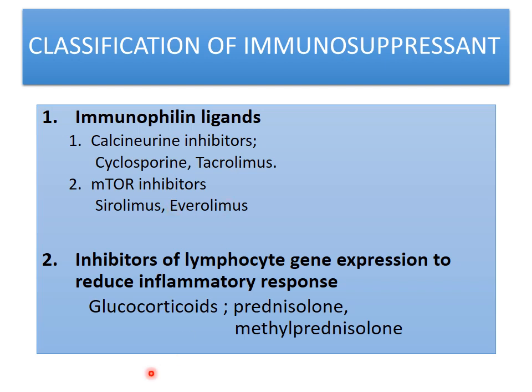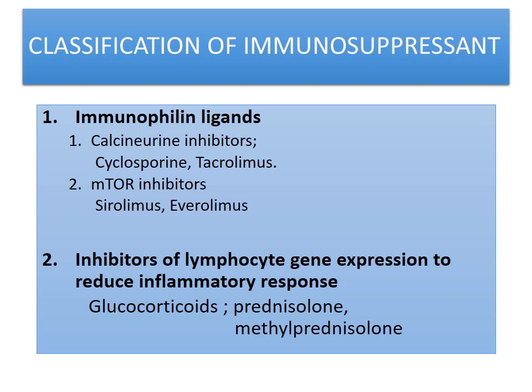The second group is glucocorticoids. These are the inhibitors of leukocyte gene expression to reduce the inflammatory response. The drugs are prednisolone, methylprednisolone, and so many other glucocorticoids. In this talk on immunosuppression drugs, we are not going to discuss the glucocorticoids.